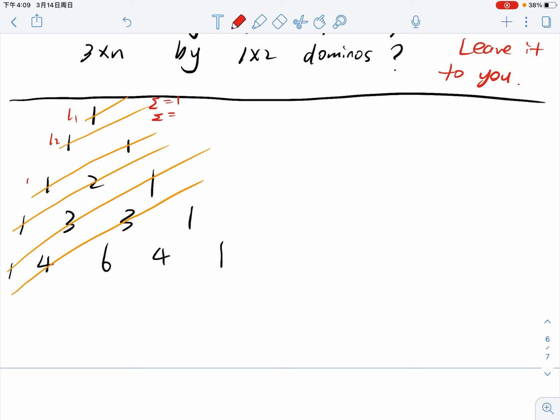So L1, L2, L3, and so on. Summation of L1 is 1, summation of L2 is 1, summation of L3 is 2, summation of L4 is 3, summation of L5 is 5, summation of L6 is 8, and so on, and then you will notice that you have a Fibonacci sequence.